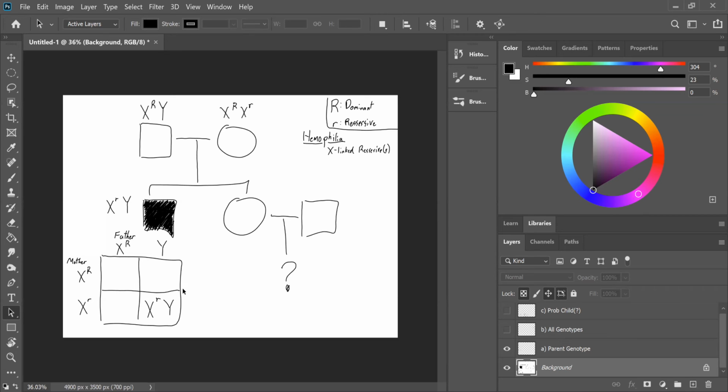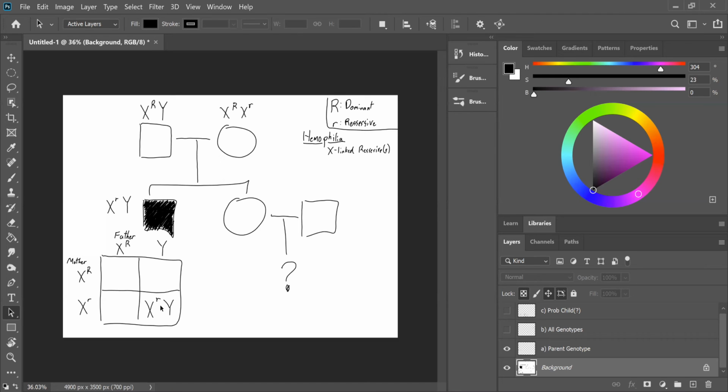The genotype for Moira's mother is a little bit more complicated. The X chromosome that Moira's brother has, he inherited from his mother. The X chromosome has to have a little r because Moira's brother has hemophilia.